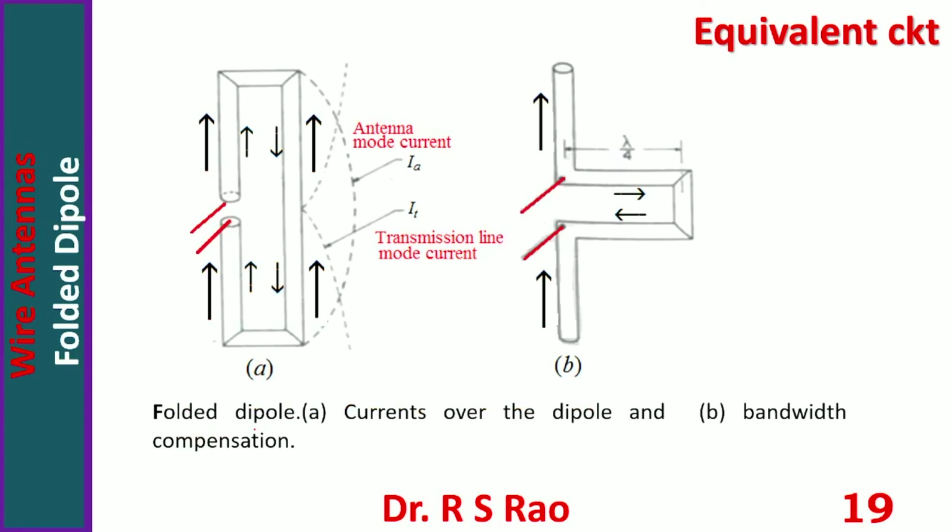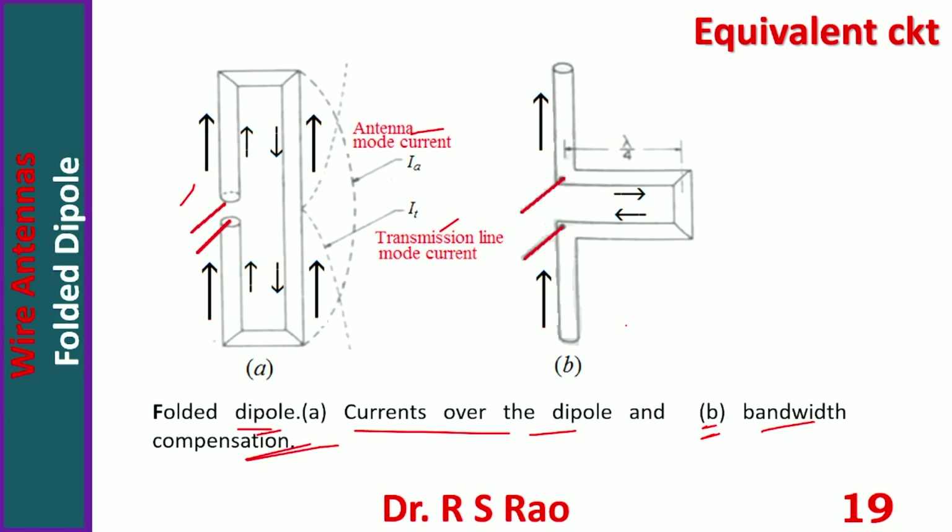In this diagram is shown folded dipole. In A, currents over the dipole. This is dipole currents. In the earlier diagram, we have shown the currents separately. Here, both the currents, antenna mode current and transmission line mode current, are shown over the same antenna. In B is shown bandwidth compensation.